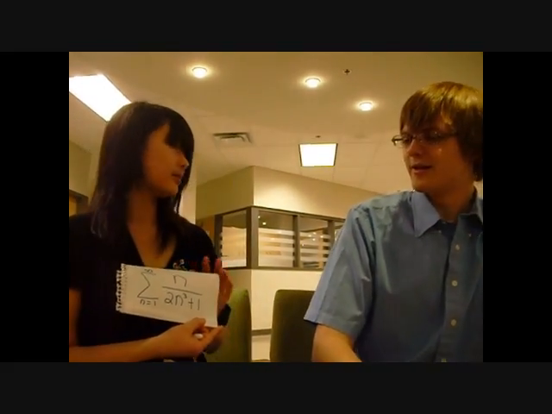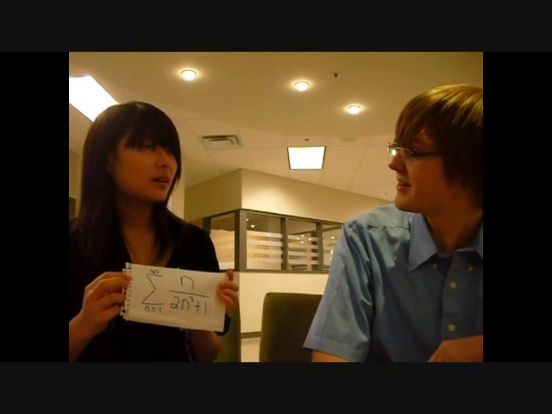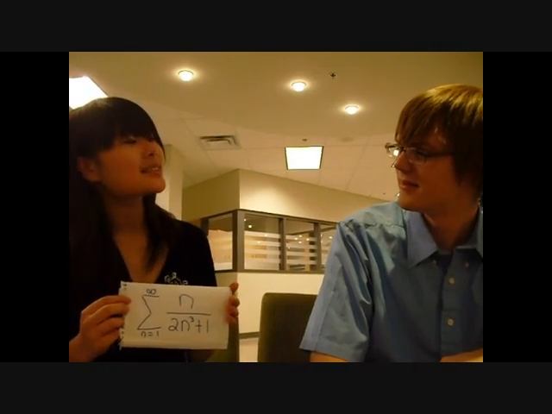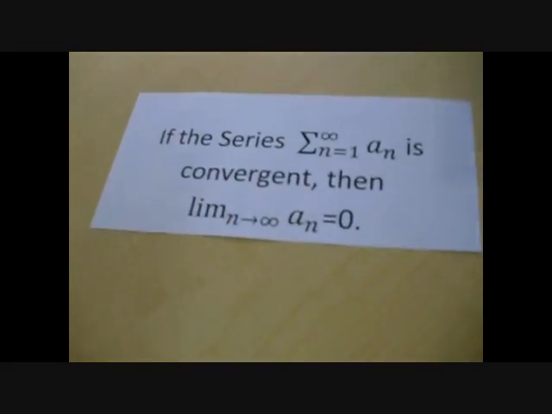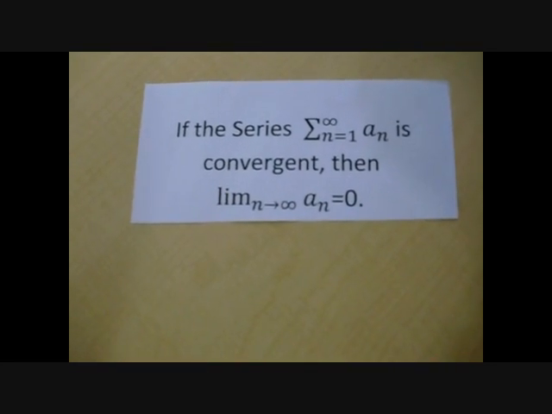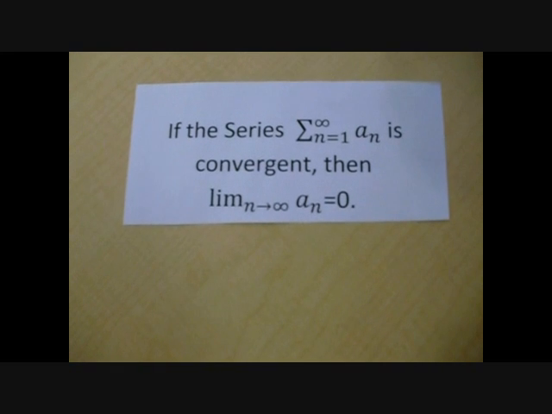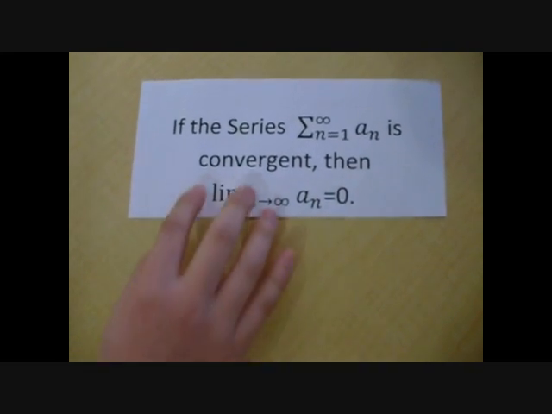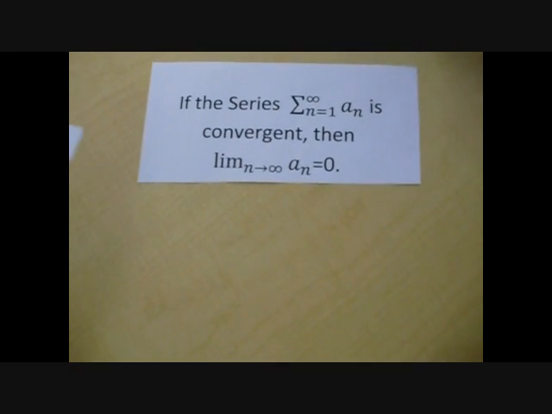You don't suppose that it might converge or something like that? Let's do my little special test and see. My special test is: if the series sum to infinity of an is convergent, then the limit of its sequence must go to 0. Let's start.